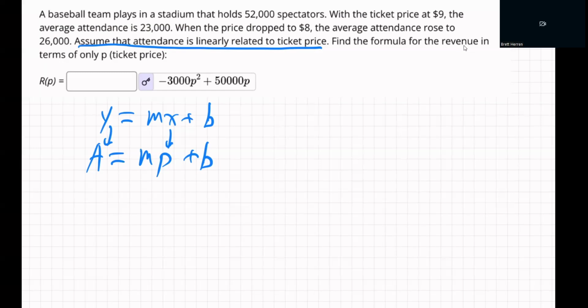Well, we got a couple of points they tell us, because normally we're going to look for x1, y1 and x2, y2. That's what we're looking for. So what is x? X is P. So here's price one at $9.